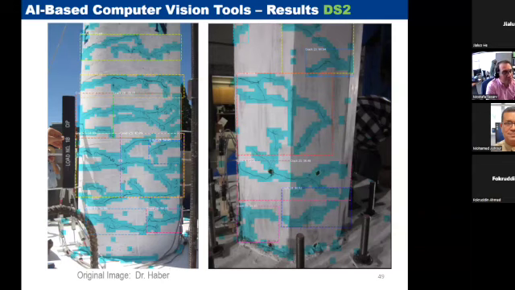Okay, the last one. For a column with DS labeled green, how would the historic loading of the column be considered during the next inspection? Can you please repeat the question? Sure. For a column with DS labeled green, how would the historic loading of the column be considered during the next inspection?